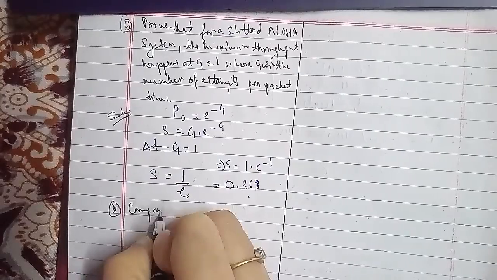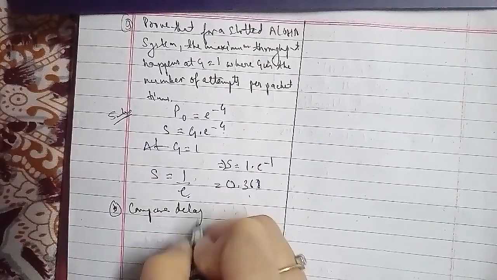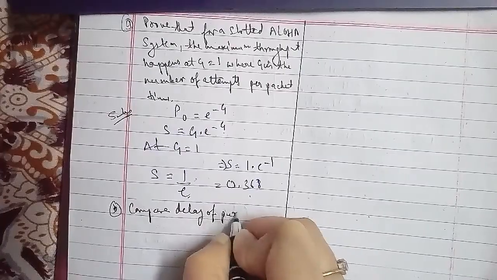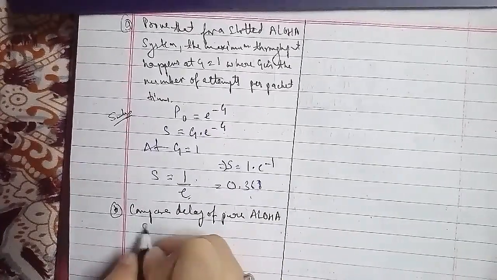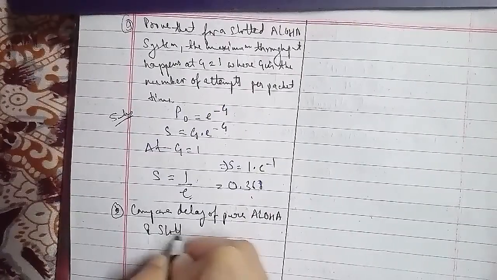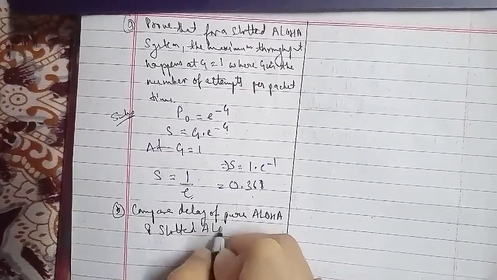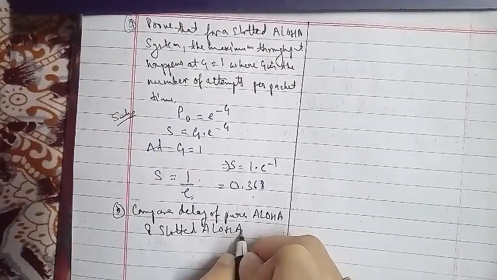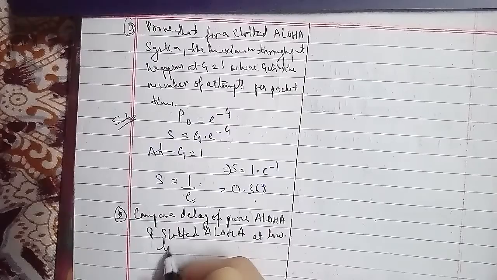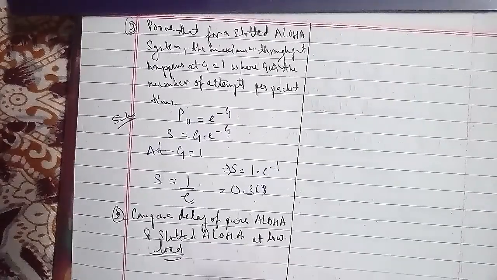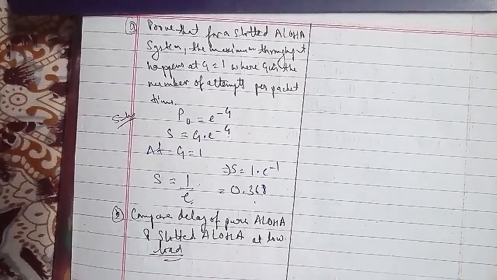In the pure Aloha case, the delay equals 2 into TP, and for the slotted Aloha, the delay equals TP.